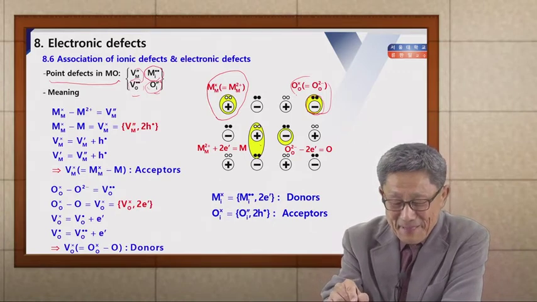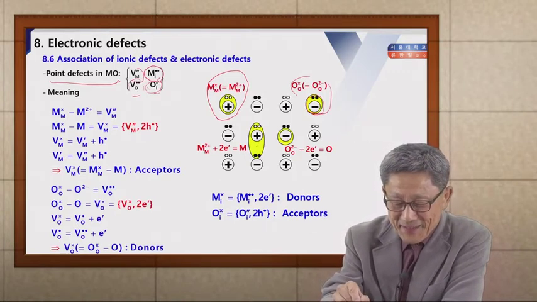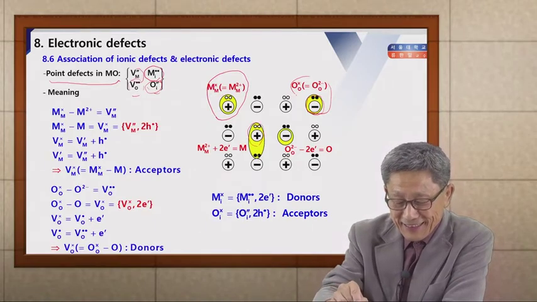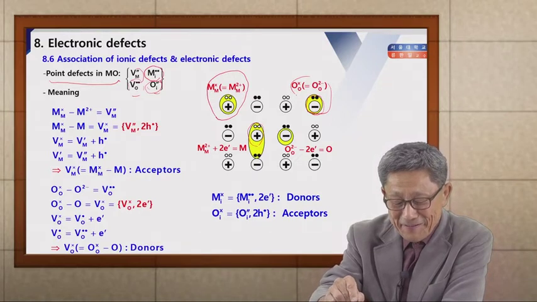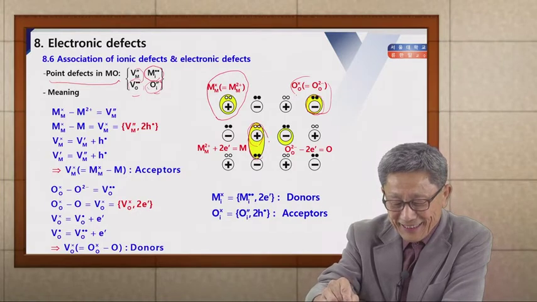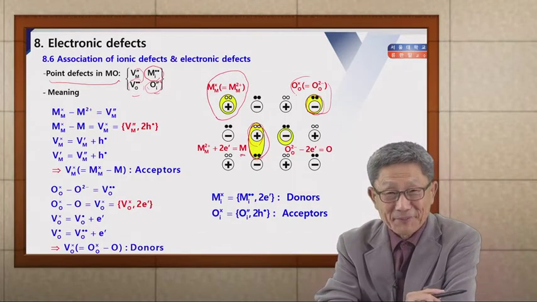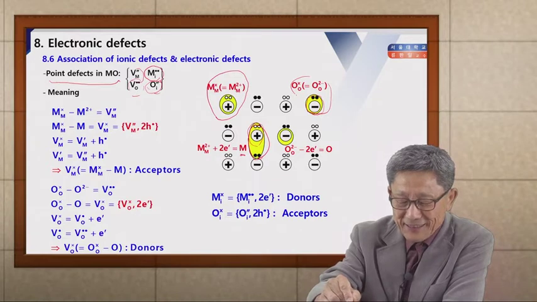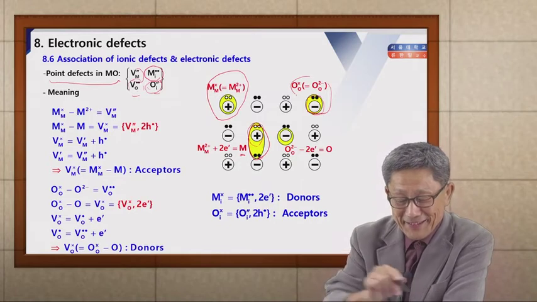Now have a look. What about this entity? This corresponds to the neutral M ion on the M site. Now, if you include these two electrons, which are combined with this nearby ion, then this whole entity makes a neutral metal atom, right? Because these electrons used to be the missing electrons near this cation site.